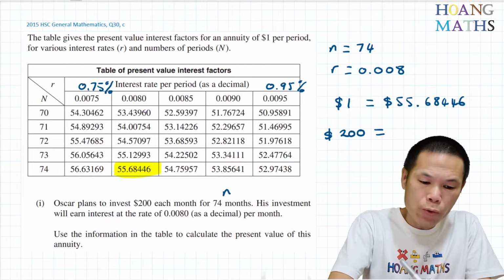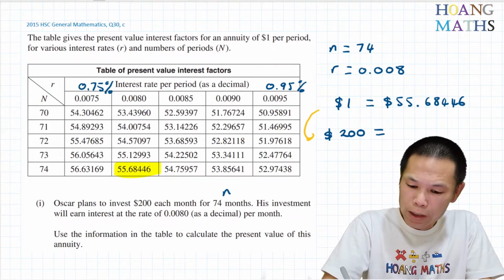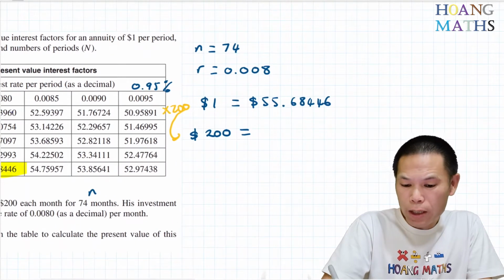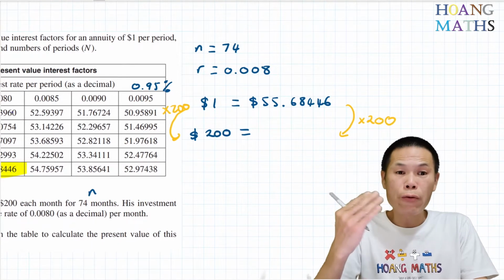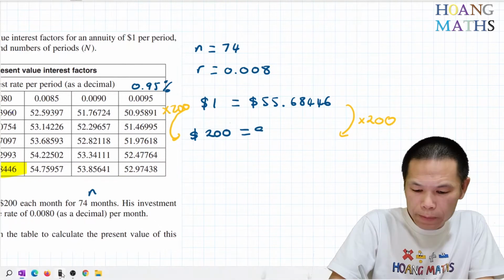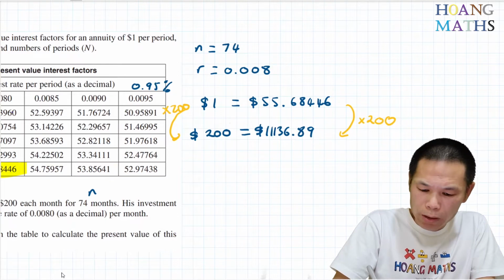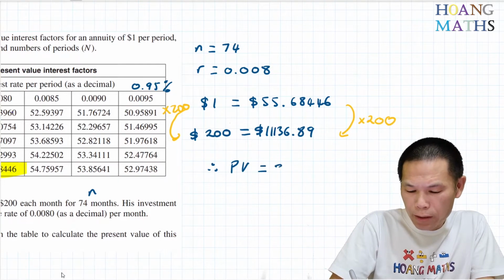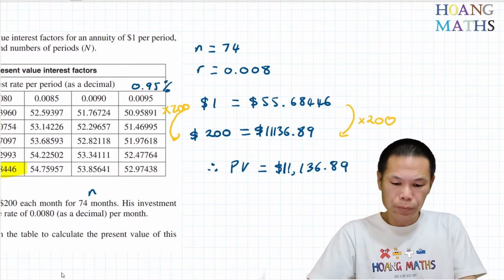So from 1 to 200 is 200 times, so we times this by 200. On the right hand side, we have to do exactly the same. We times by 200. I just put that on a calculator, so the present value is $136.89. So there you go.